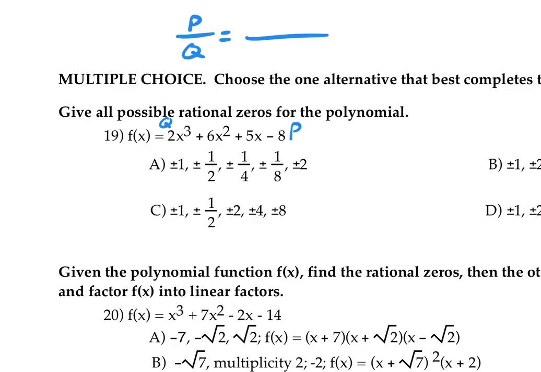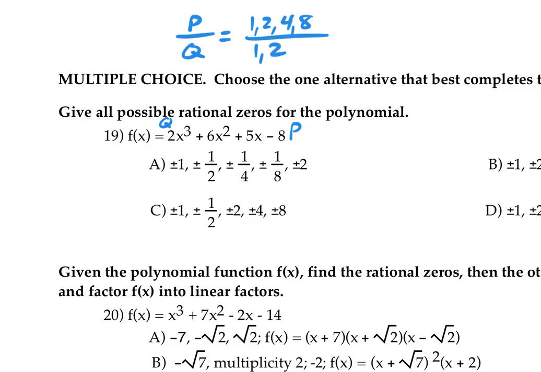And the sign really doesn't matter here, whether it's a positive 8 or a negative 8. So I'm just going to list out all the things that go into 8: 1, 2, 4, and 8. The q value is 2. So I'm going to list all the things that go into 2.